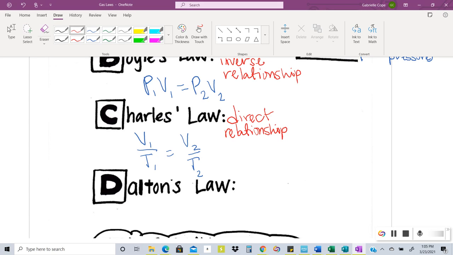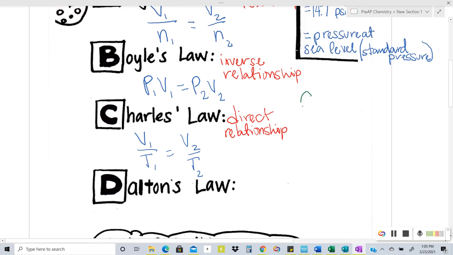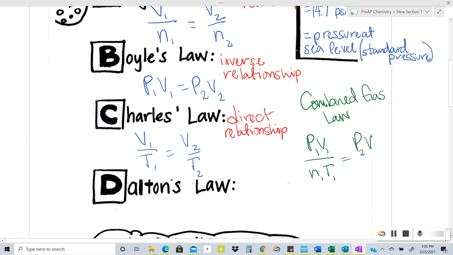The last thing I want to add is the combined gas law. So over here on the side, okay, this combines all three of these. Okay, so the way the combined gas law works, like let's say we've got more than two variables, which means we can't use just Avogadro's, Boyle's, or Charles's law.